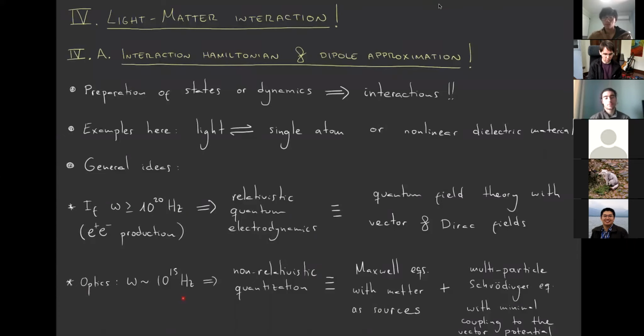In general, in quantum optics, you would need to apply this method of Maxwell equations with matter as sources and the multi-particle Schrodinger equation with minimal coupling to the vector potential. And this would give you a theory of light and matter that are coupled, and you need to quantize them together. In the lecture notes you have references for either of these two methods. So if you are interested, you can go and read about it.